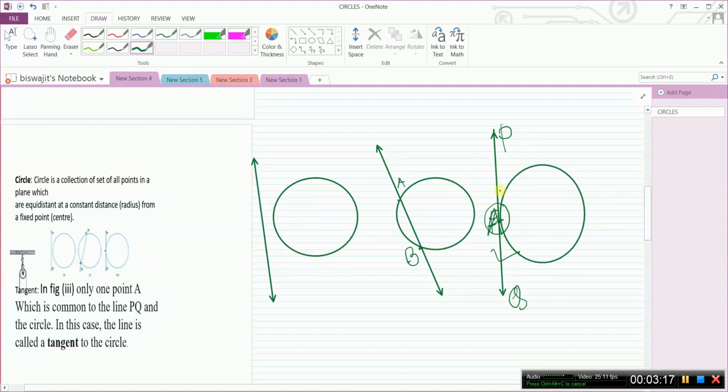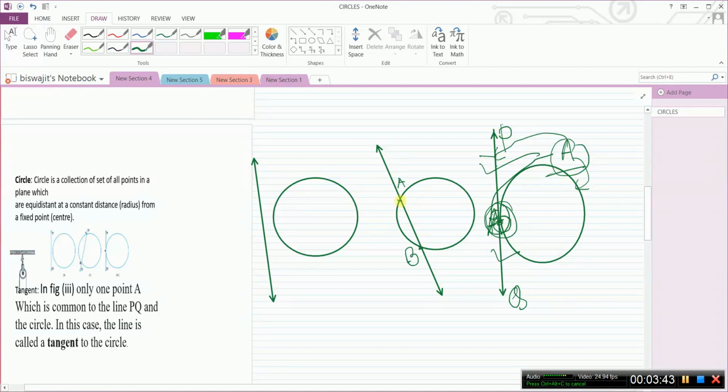Because this line PQ intersects the circle at only one point. So the point A is the common point of the line and the circle, meaning the point A belongs to the line PQ and it belongs to the circle also. Hence this PQ is called the tangent.